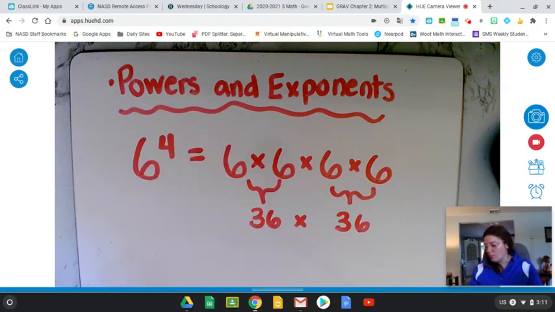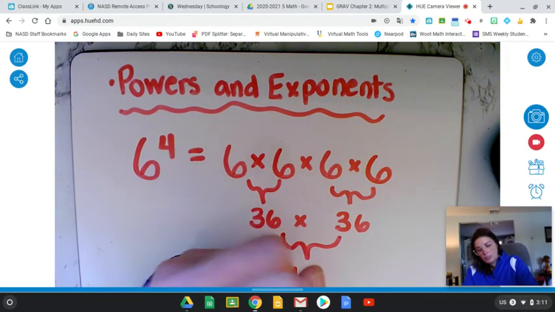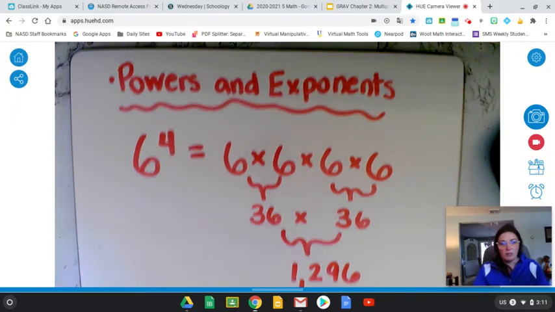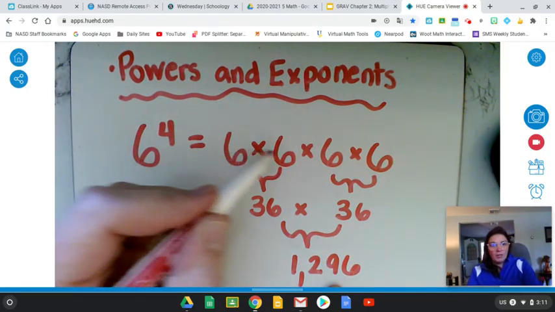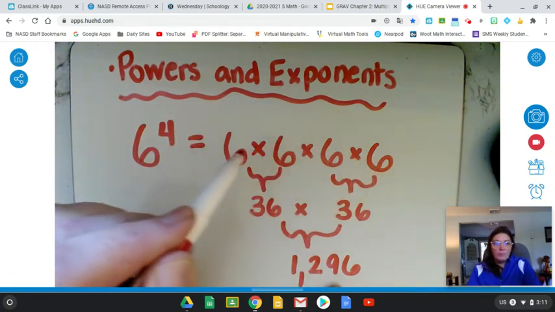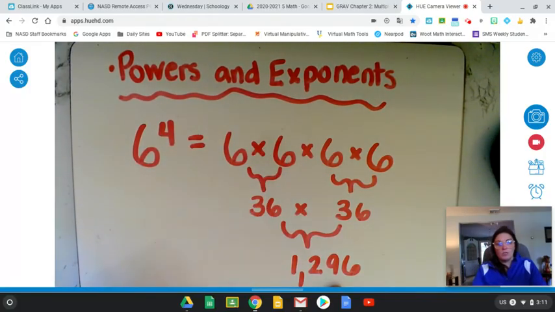And I'm just going to run it on my calculator for right now. 36 times 36 is 1,296. That's a lot bigger than 24. So when you are simplifying or evaluating, we need to think of multiplication every single time. We multiply that number over and over.